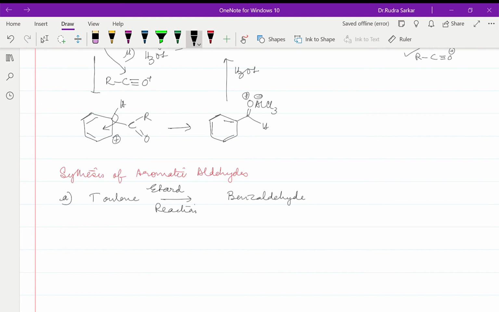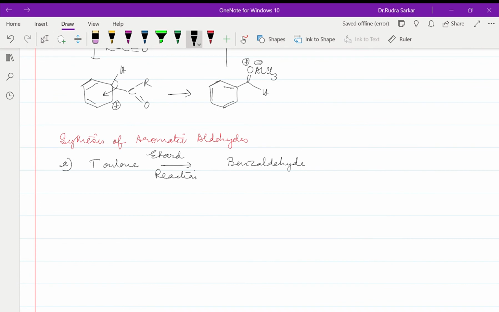That is one of the procedures. One may also involve the CHCl2 group, which on reaction with the base, that is aqueous NaOH, will give you the benzaldehyde.